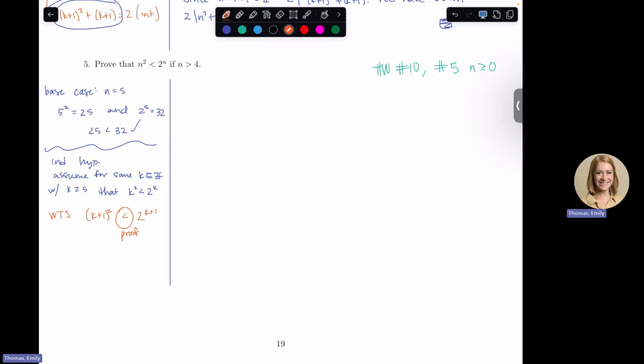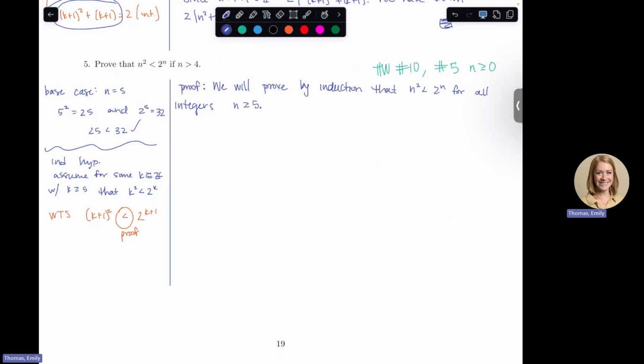Okay. Can we go ahead and write? Proof. We will prove by induction that n squared is less than 2 to the n for all integers n greater than or equal to 5. Or you can write greater than 4, I don't care.